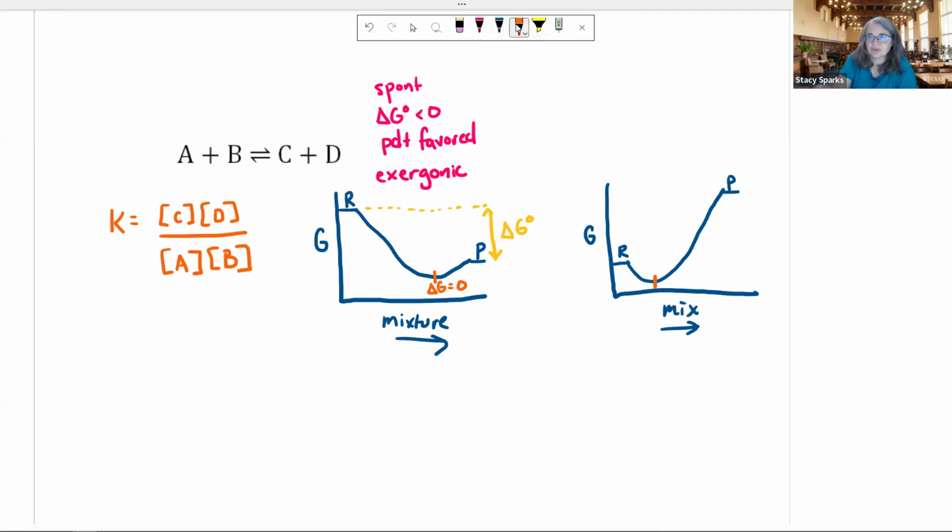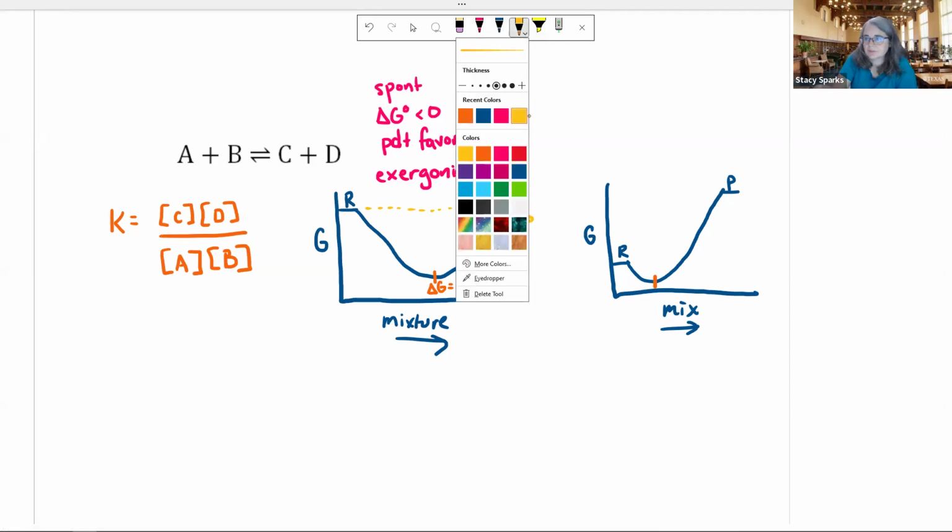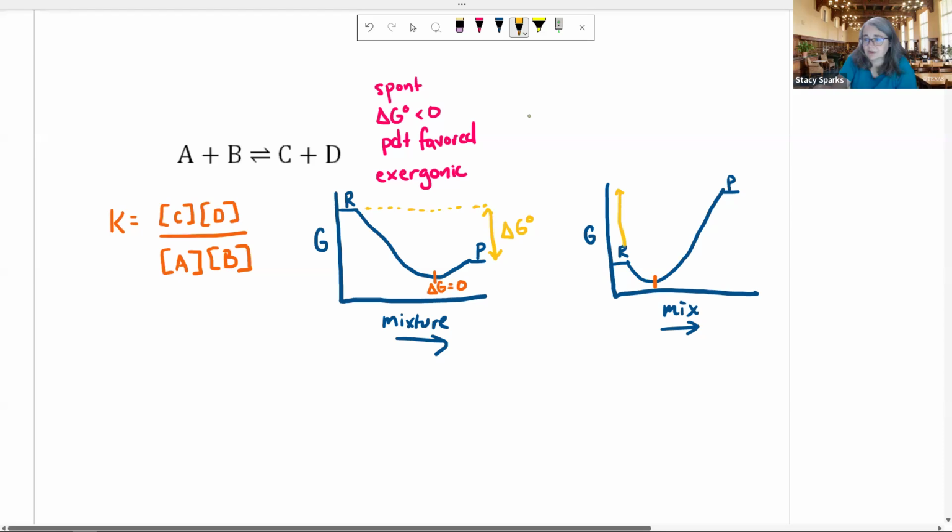We are still going to see this standard Gibbs free energy change, delta G standard, but now it's going to be positive. Delta G standard is more than 0. It's going to be reactant favored. When we were doing thermo, we would have said non-spontaneous. Doesn't mean it doesn't go towards products at all, just not a lot. Or now we could talk about the fact that net, it has to absorb energy.